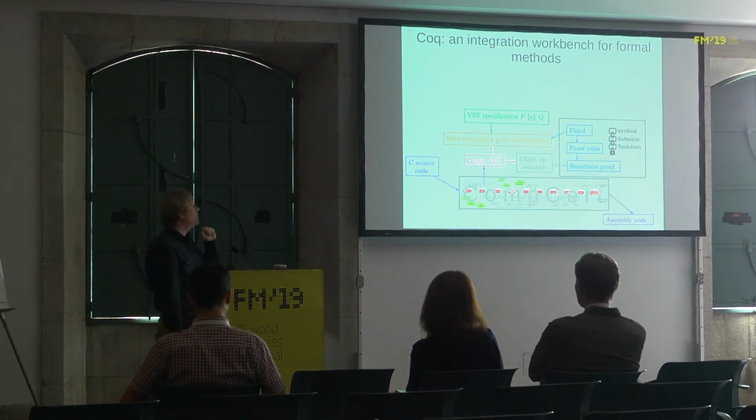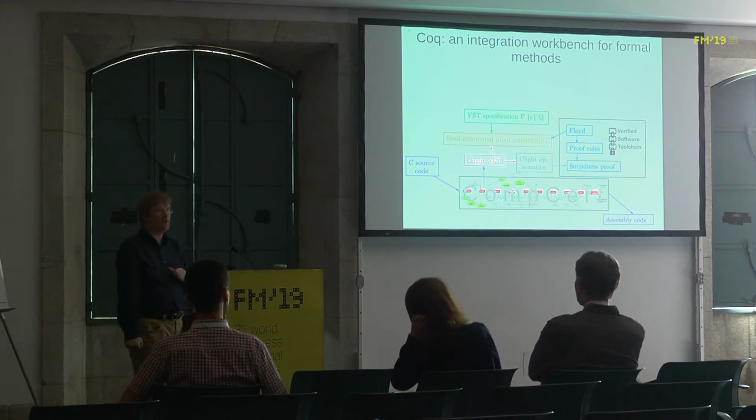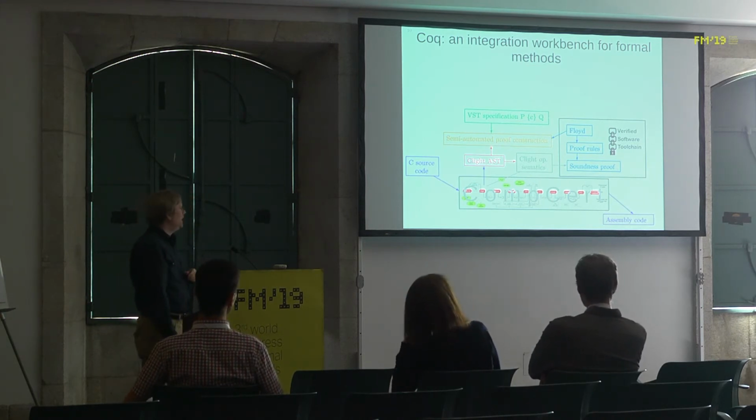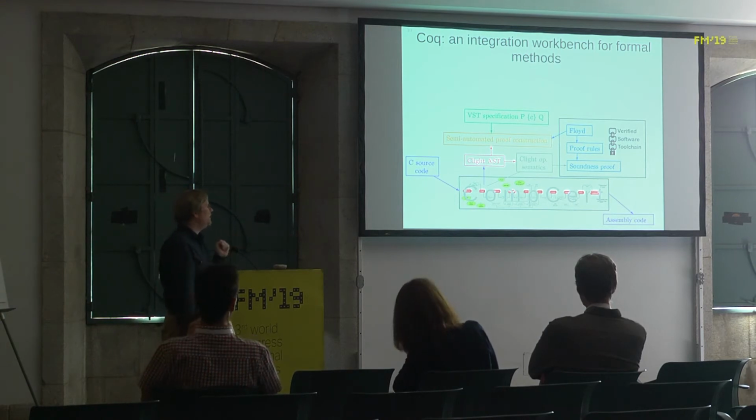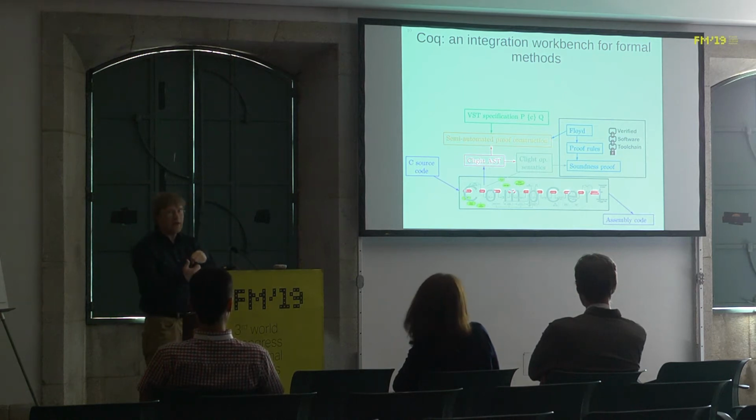So this is much more complex than typical formalized soundness proofs for program logics 10, 20 years ago. But it refers directly to the formal operational semantics of Clight that comes from CompCert. So again, there is no gap in between these formalisms.